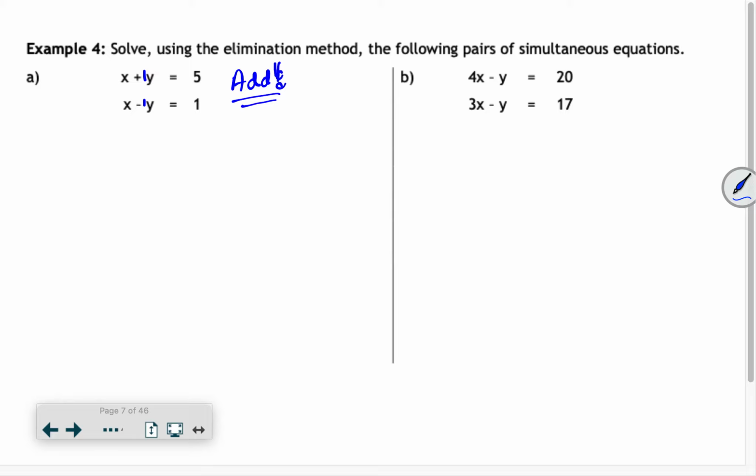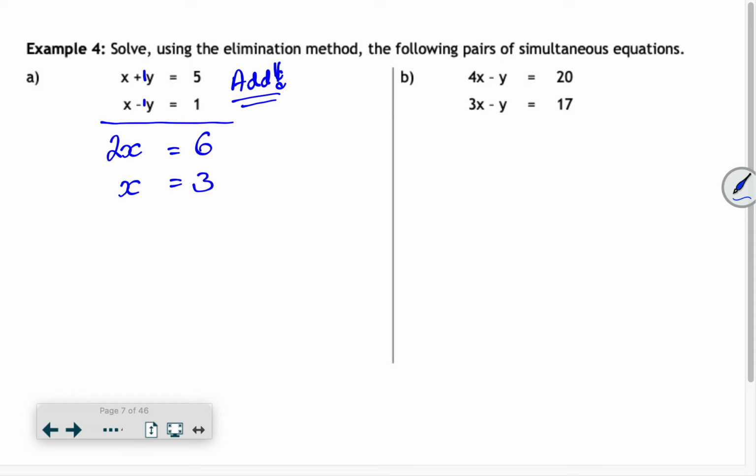So if I add those two equations together, treat it like one great big sum, it's going to be x plus x, which is 2x, 1y plus minus 1y, they cancel out. 5 plus 1 gives us 6. So if 2x is equal to 6, x has to be 3.